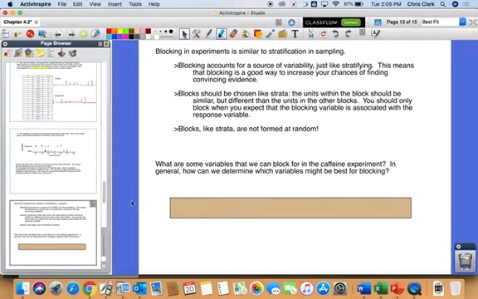What are some variables that we can block for in the caffeine experiment? Remember, I had 2 groups, caffeine, no caffeine. What are some confounding variables that we can block in that caffeine experiment? Male or female, right?